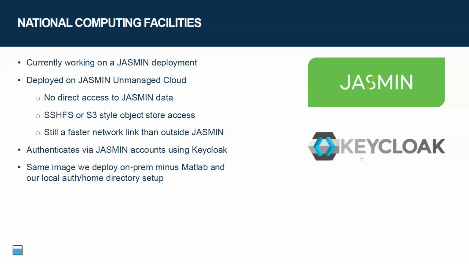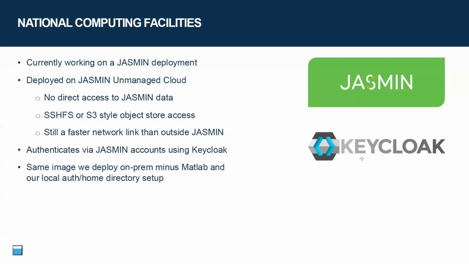We're also deploying it on national computing facilities, specifically Jasmine. So we're deploying it on Jasmine's unmanaged cloud. It doesn't have direct access to data on Jasmine, which is a bit of a disappointment for users, but it has a faster network link for accessing the S3 style object stores than if you were doing it outside Jasmine, so a bit of a bonus.